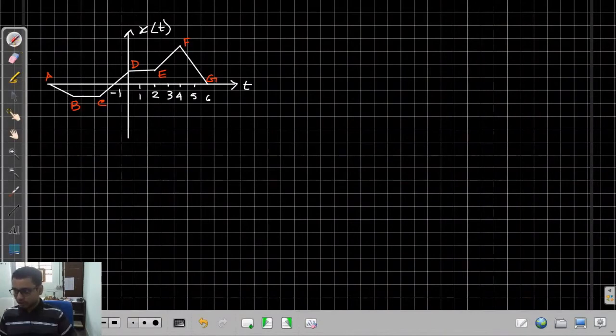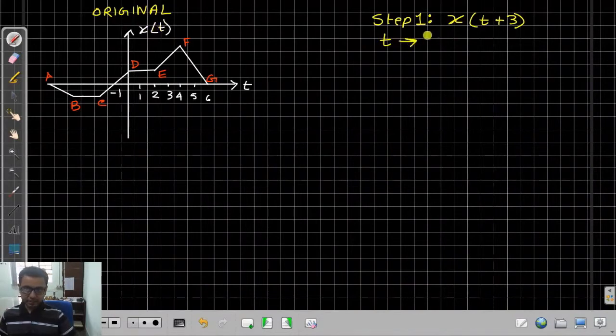This is the original graph which is given, and then step 1 is to draw x(t plus 3). So that means t here is being replaced by t plus 3.